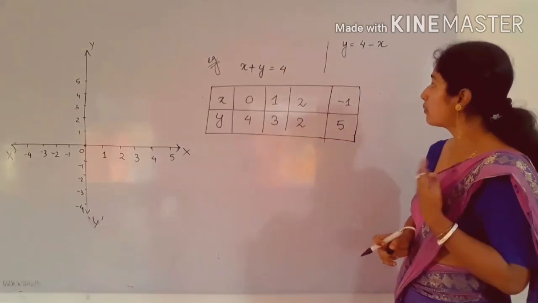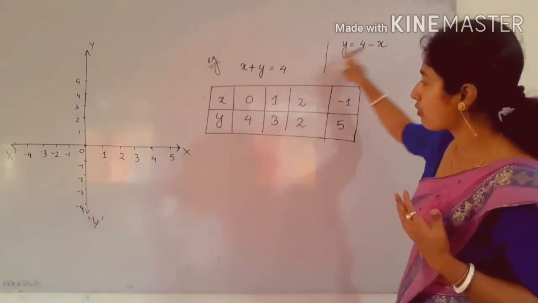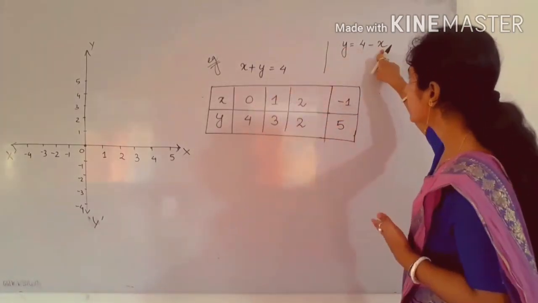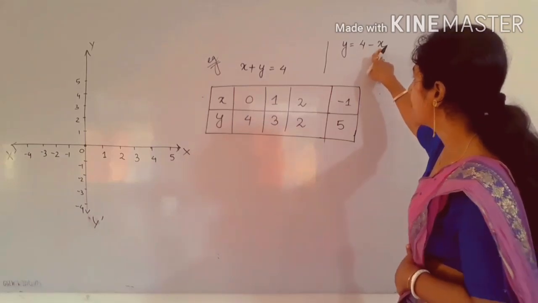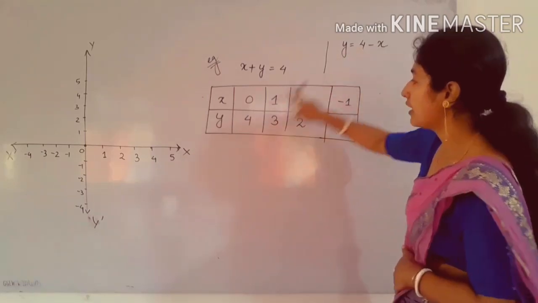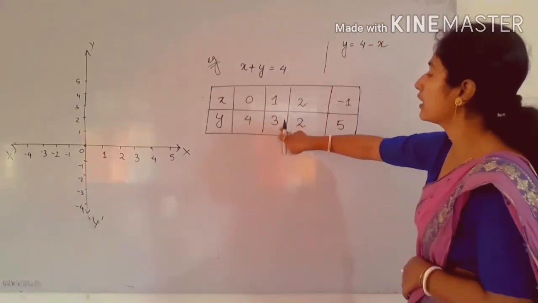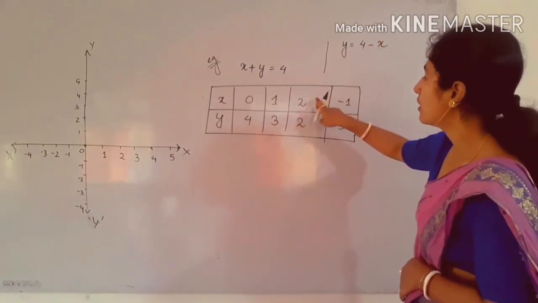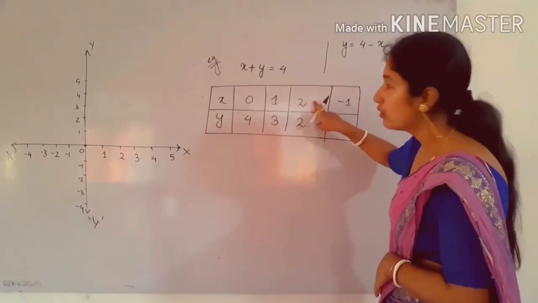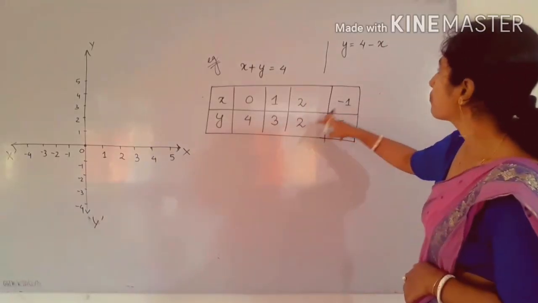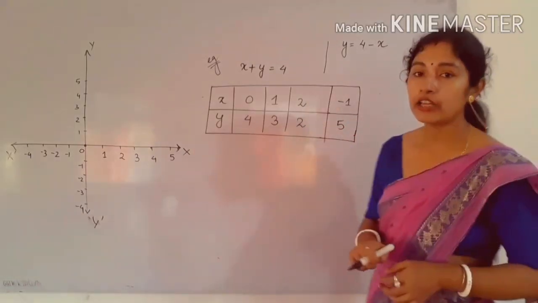Let's suppose, first we will take x is equal to 0. We will put x is equal to 0 in this place, then we will get y as equal to 4. Similarly, by putting x is equal to 1, we will get y is equal to 3. Similarly, when we put x is equal to 2, then y will become 2. Next, I have taken one negative value.